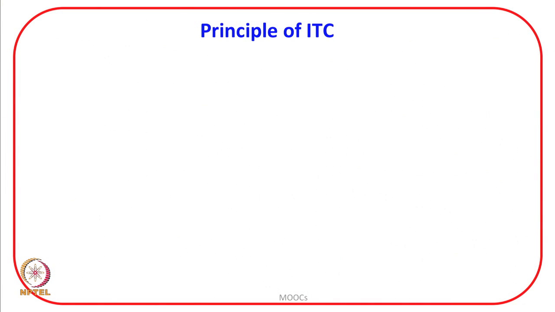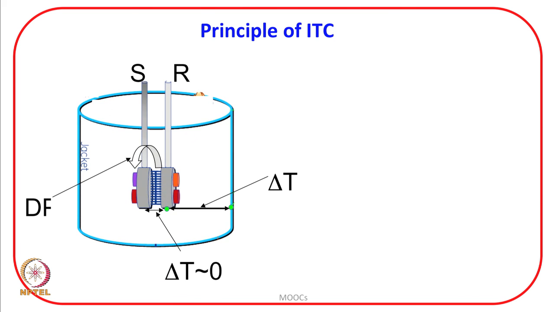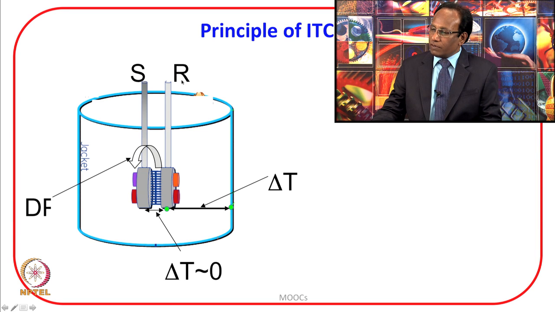So, therefore, let us first now discuss the principle of ITC, principle of isothermal titration calorimetry. In an isothermal titration calorimeter, there is a sample cell and there is a reference cell.